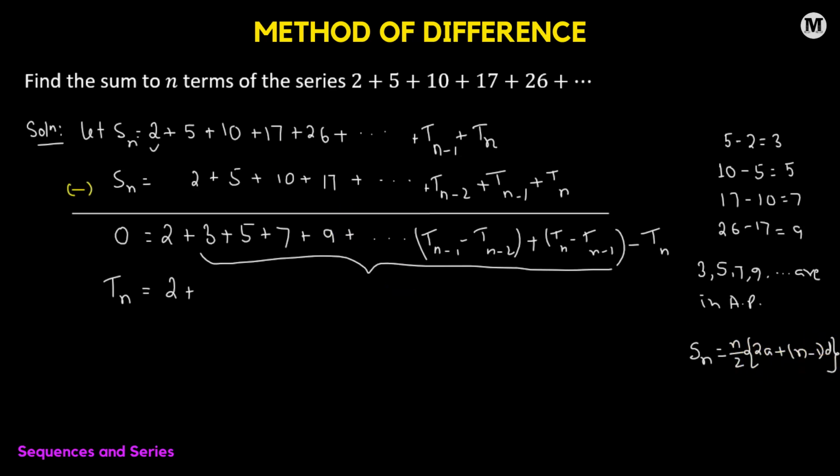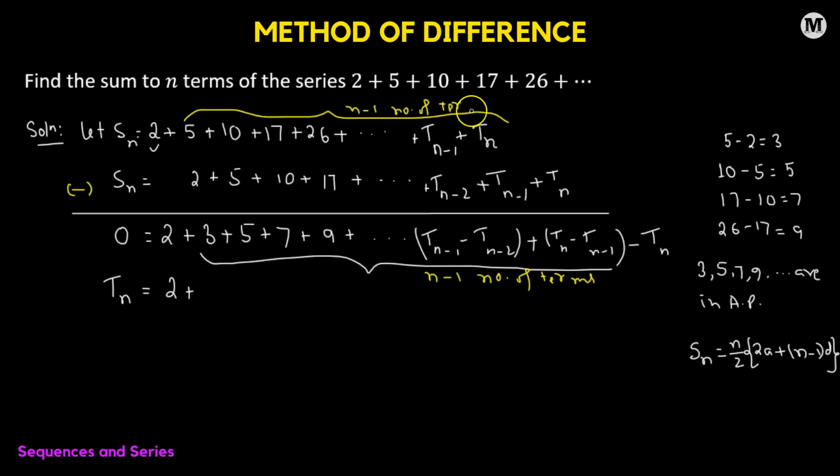Now, what is the total number of terms of this arithmetic series? There are in total n minus 1 terms and not n terms. The reasoning is this: while considering the first Sn, we excluded the first term 2 and included only the second term all the way up to the last term. Since Sn by definition has n terms, the moment we exclude one term, it's left with only n minus 1 terms.